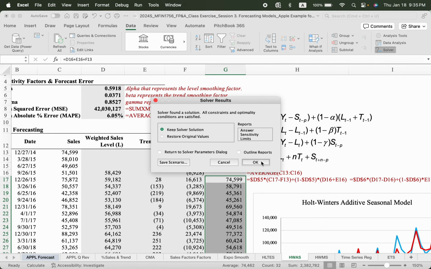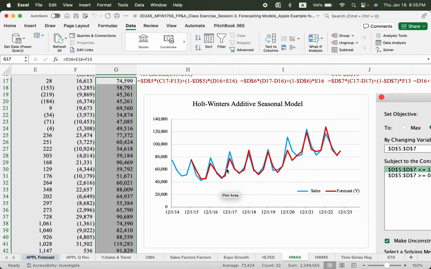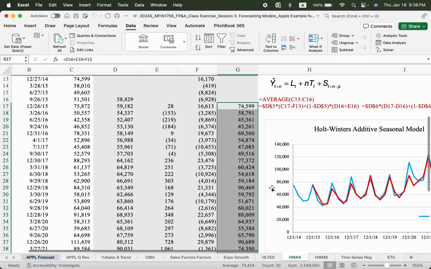Now the forecasted sales are very similar, except for this period. Maybe the seasonality gets bigger. That's why this model couldn't follow exactly. But we'll make up for this later in a different model. But anyway, now we got this.